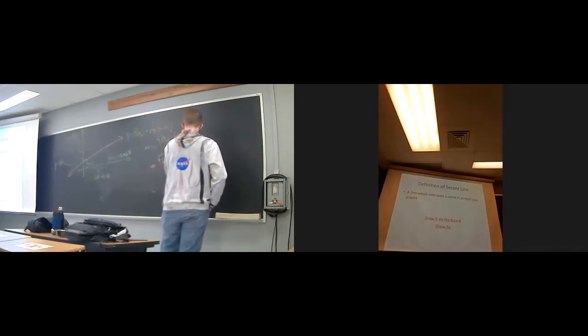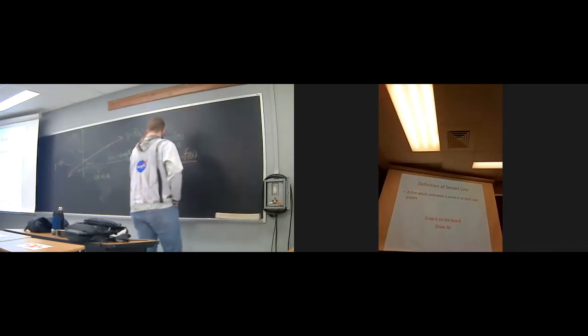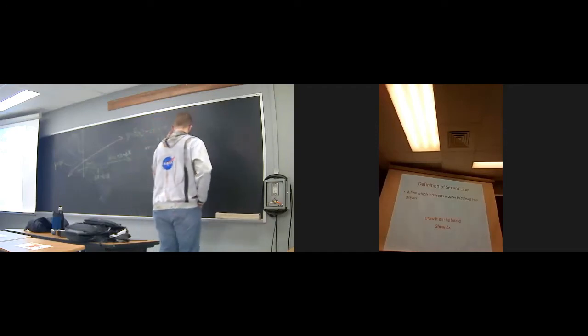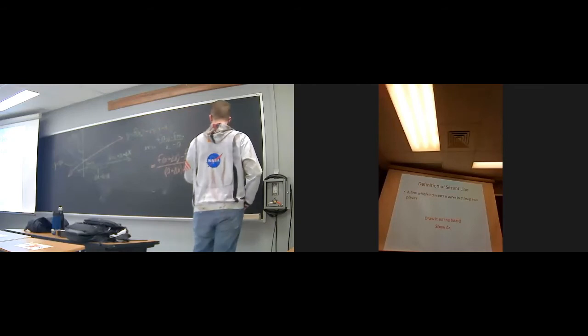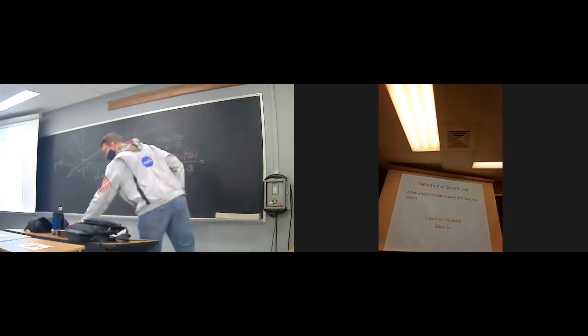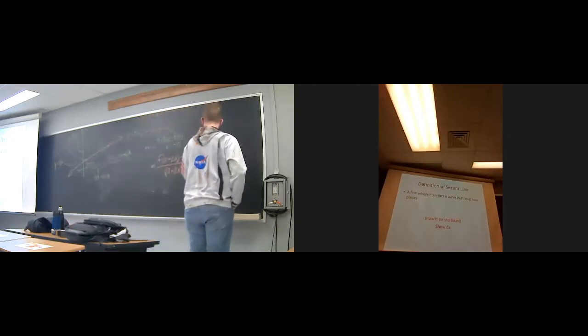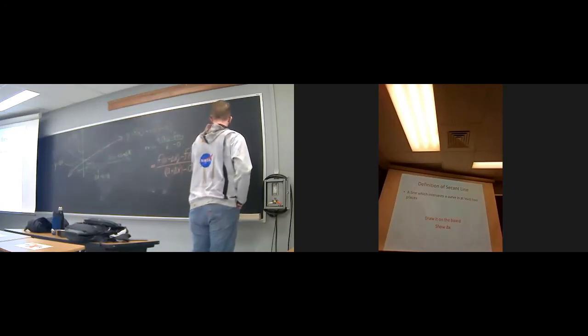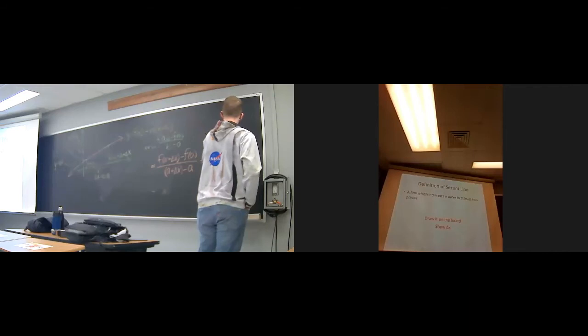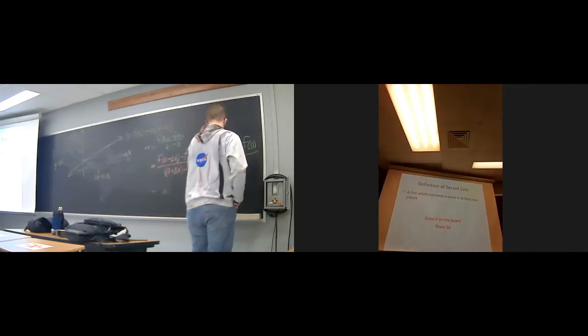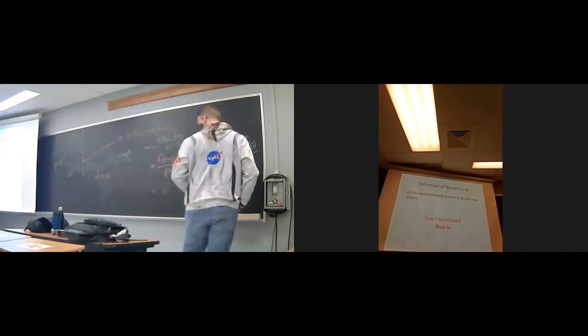Minus f of a divided by a plus delta x minus a, which is all going to come out to be f of a plus delta x minus f of a over delta x.